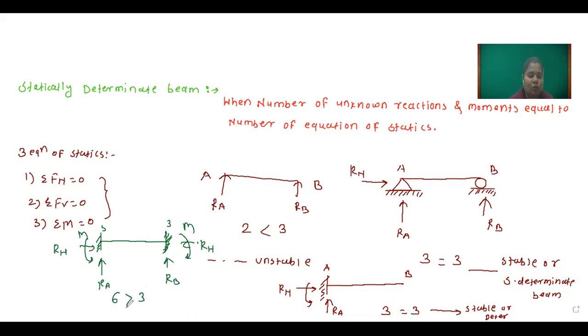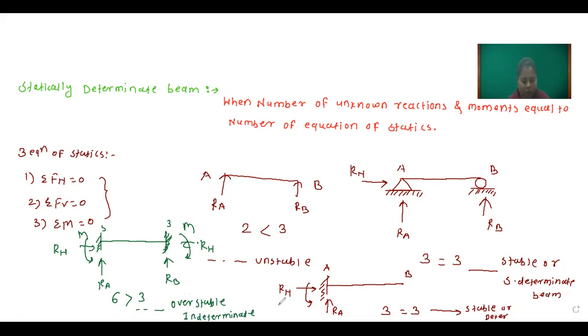So 6 is greater than 3. So this structure is called an overstable or indeterminate structure. Got it?